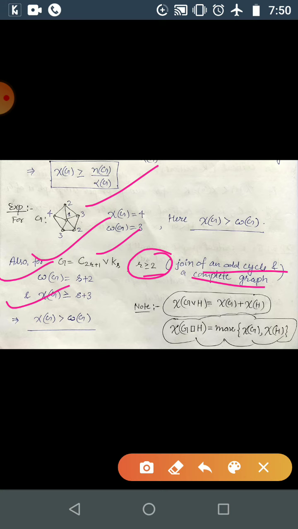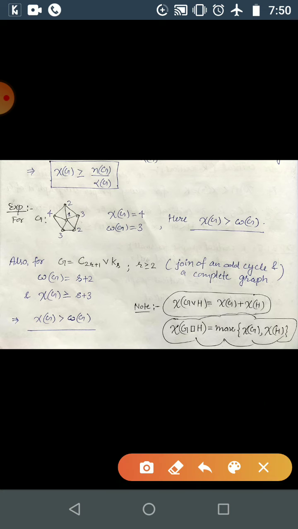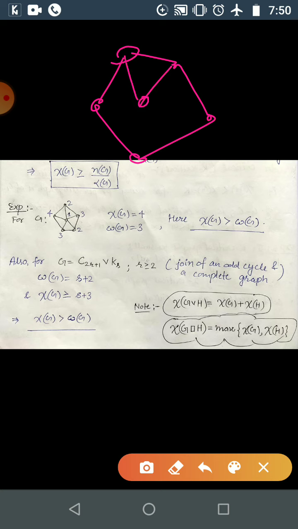For example, if you are discussing C5 join with K1, you are just taking C5 as well as K1, and all the edges from C5 to K1 and vice versa. So this will be the join of C5 and K1.